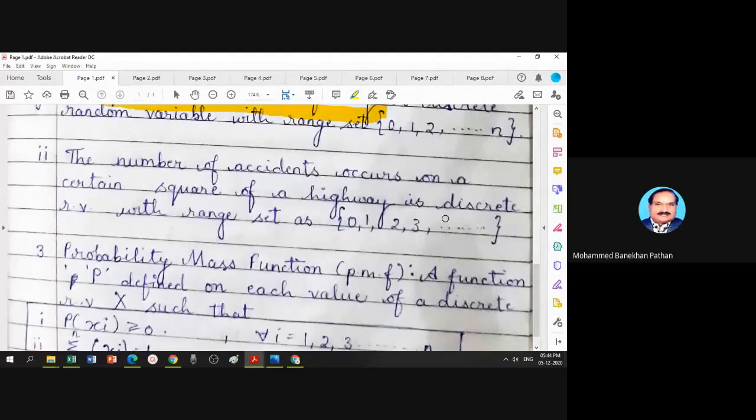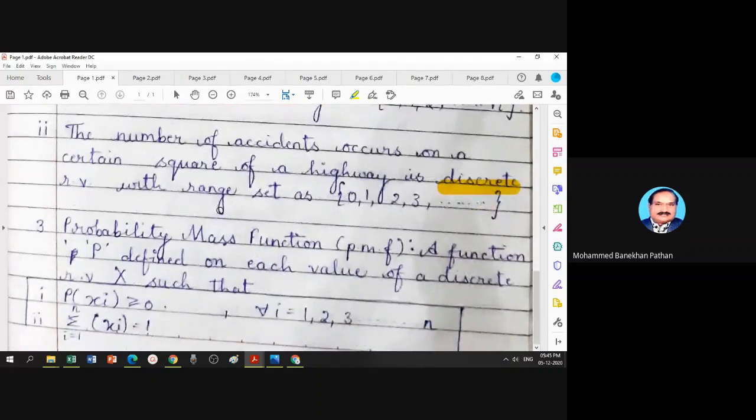Here I will not put an upper bound because we don't know what will be the maximum accident recorded. So that is open on the upper side. This is an example of countably infinite values, but a separate collection, not an interval. If you have a separate collection, not an interval, it is labeled as a discrete random variable.